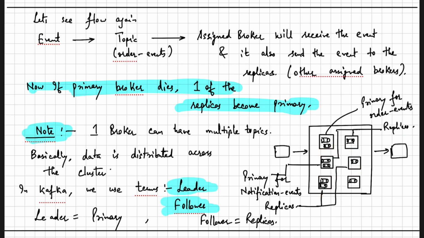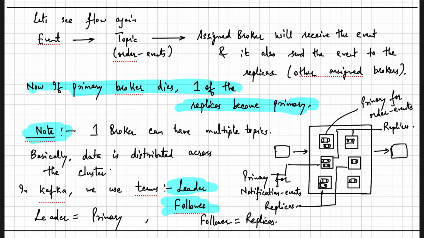Just one thing to note, that one broker can have multiple topics. For example, this broker has the order event topic as well as the notification topic, right? Similarly, this broker has the order event topic and the notification topic. So one broker can have multiple topics. Now one broker can be primary for the order event topic, and another broker could be primary for the notification event topic.